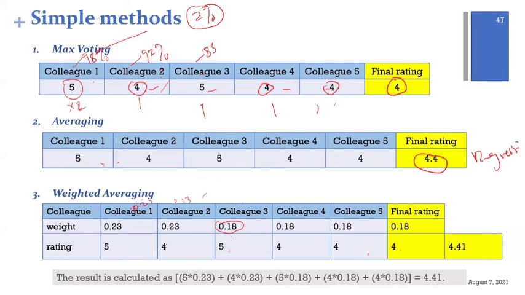So when you're talking of bagging and boosting, we have 2 ways to look at it. We look at it from the point of view of data set preparation for the development of the base learner. And we also look at it from the point of how we combine the results.